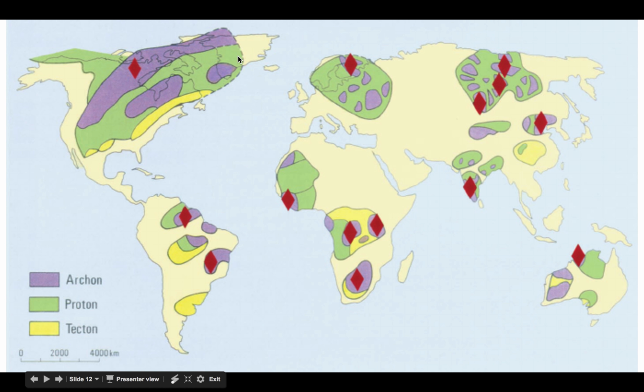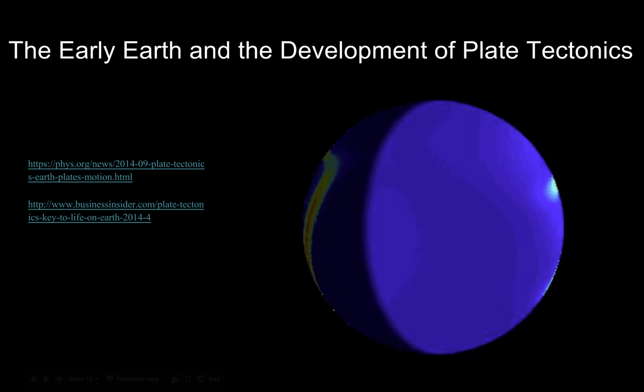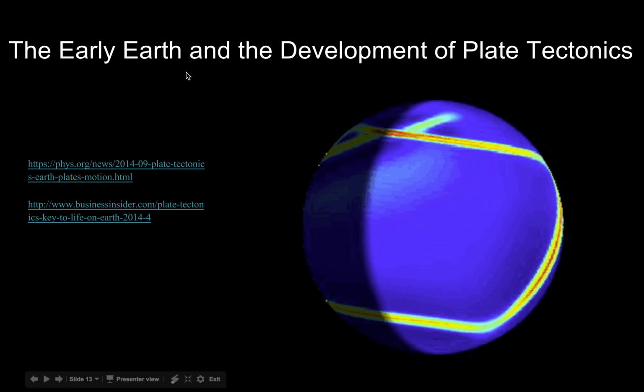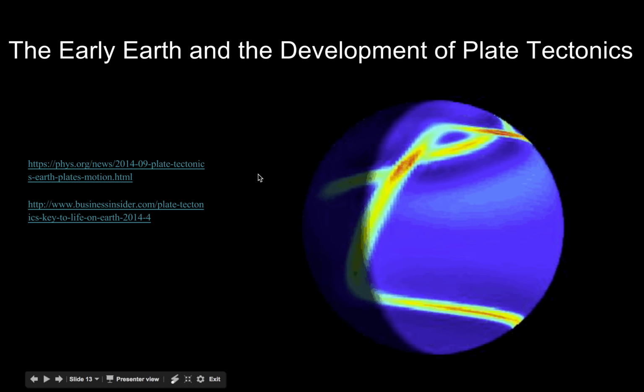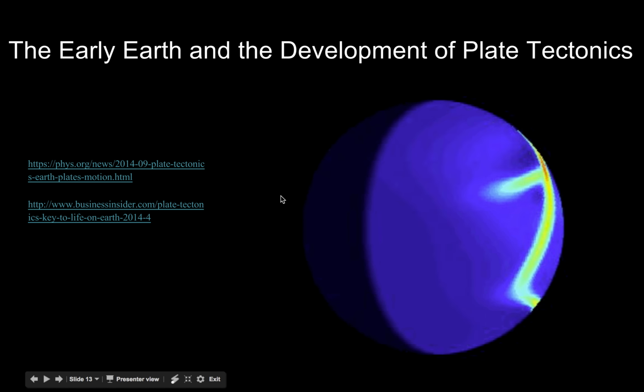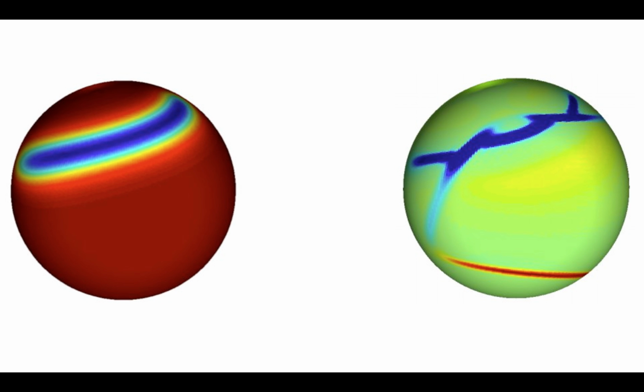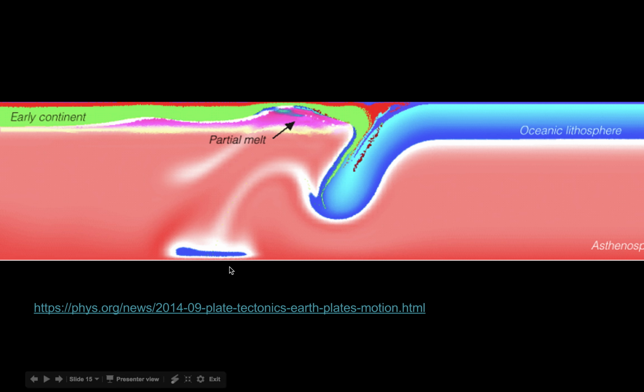So as these cratons began to assemble, you started getting interesting behaviors, where you started getting these rifts opening up. And I think the best way to show it is this image from a video.